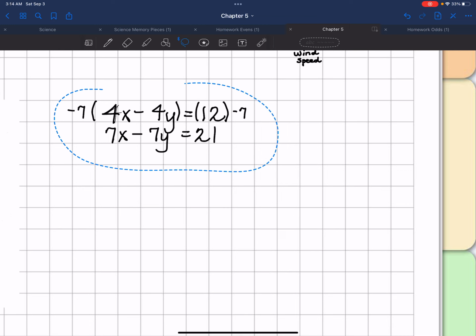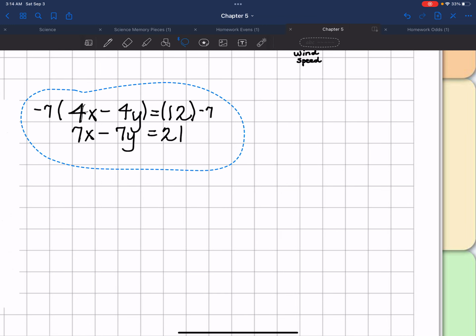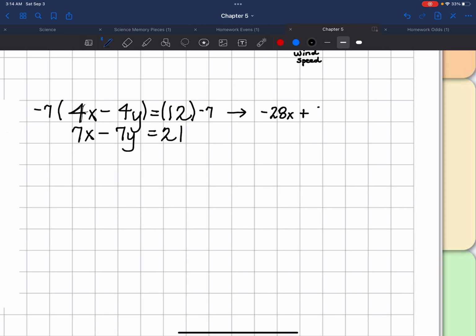And I liked working across the page last time on this, so let me try that again. So this is going to become -28x plus 28y equals -84. Now be careful with those negative signs. I'm going to just check mine again because y'all know how I am.